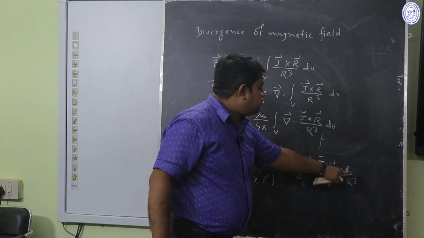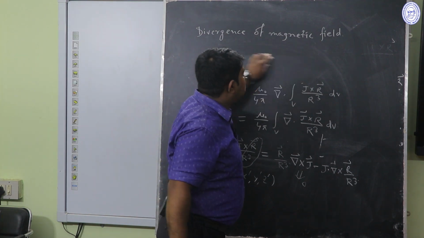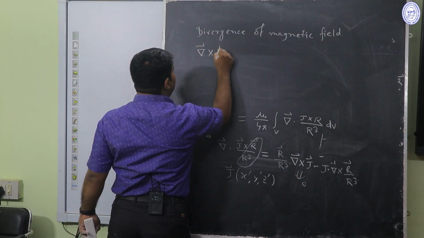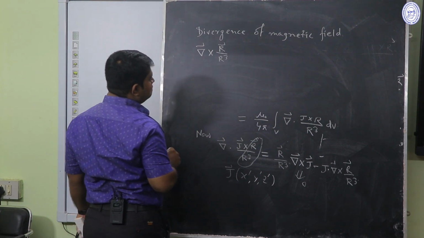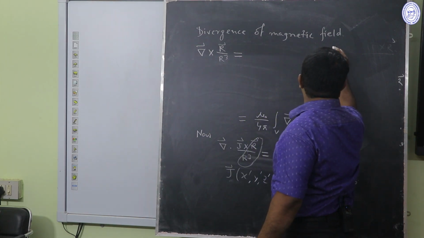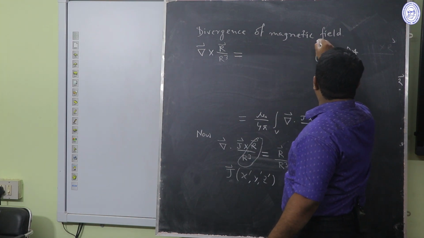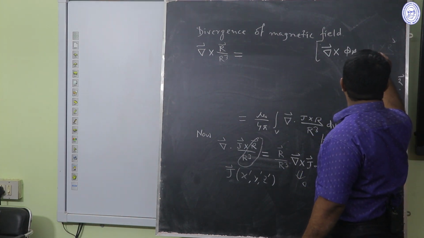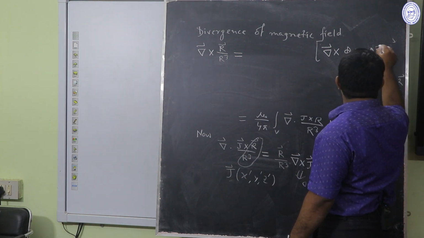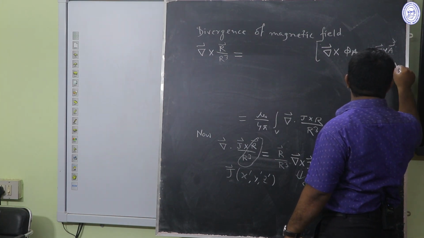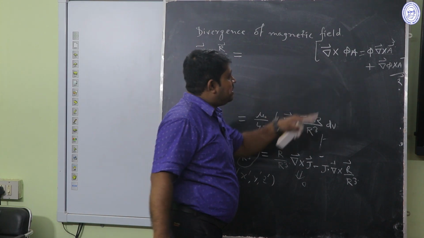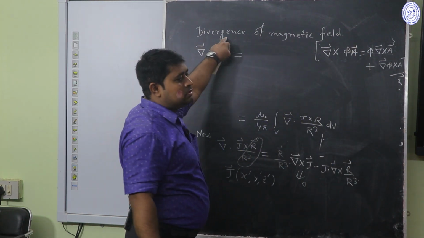Now curl of R by R cube can be simplified using the vector identity curl of phi A is equal to phi curl of A plus grad phi cross A. Here phi is equal to 1 by r cube and A is equal to r.